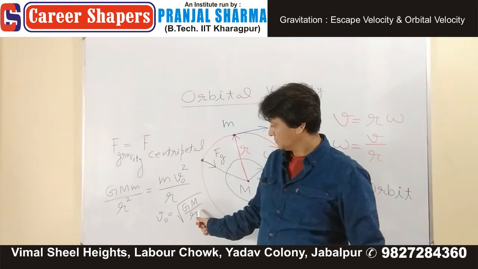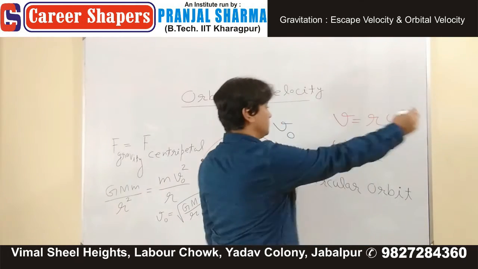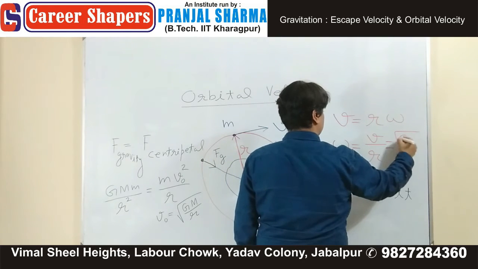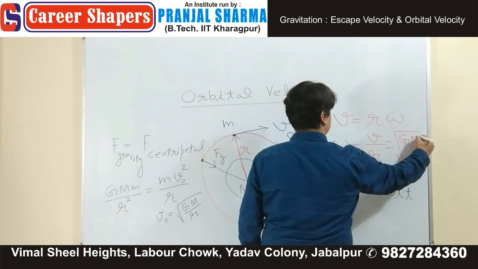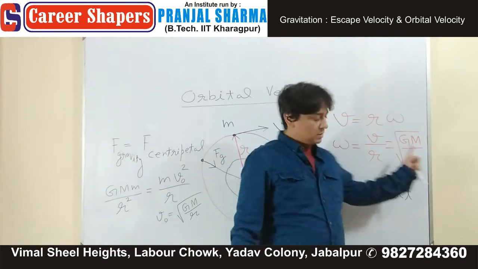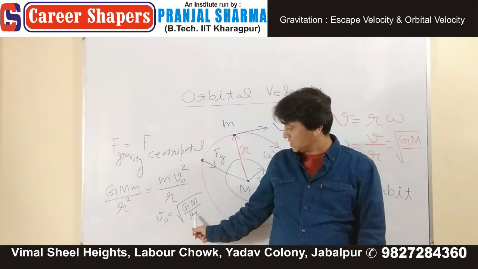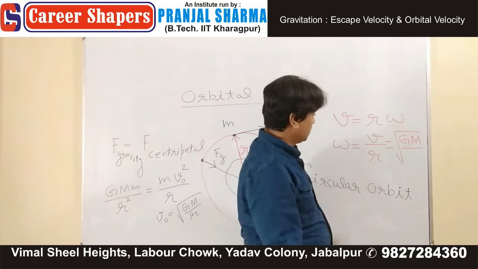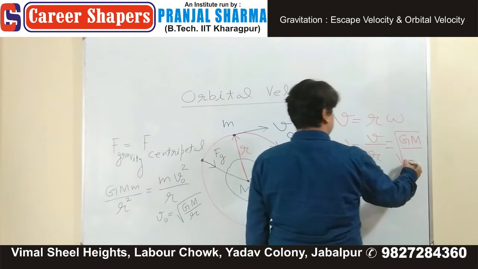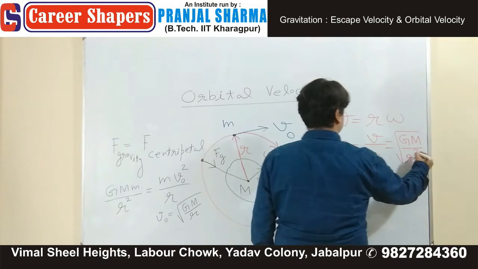So this is coming root over GM divided by r. You already have one term of r. You need to divide that with this r. Keep the r inside, make it r cube.